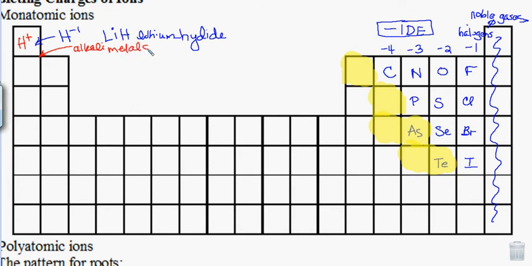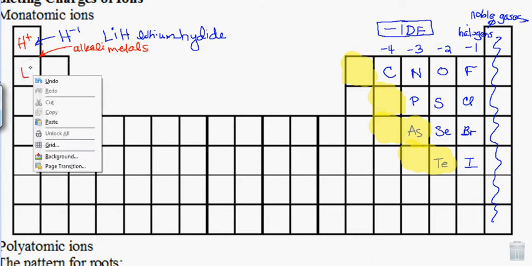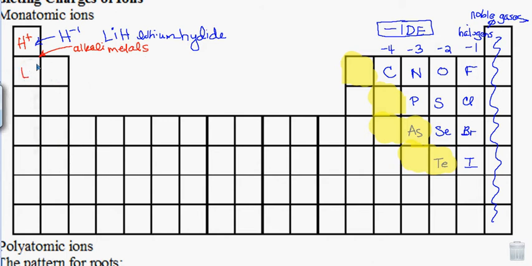Since they are group 1, you're going to have them all be +1. That's going to include your lithium, your sodium, your potassium, your rubidium, and your cesium. And again, all of those are going to be +1.